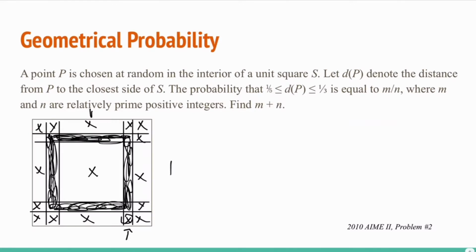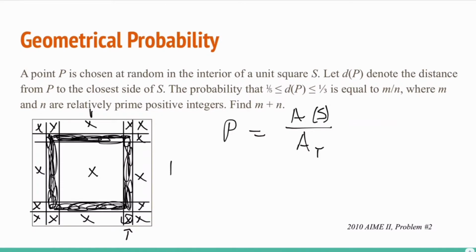Now that we have our region, what are we actually trying to calculate? Well, for geometrical probability, the probability of the event happening is the area of the successful region over the total area.